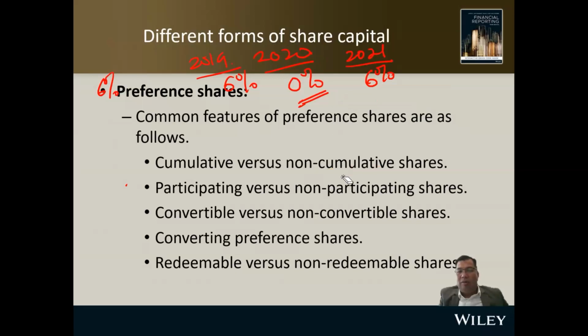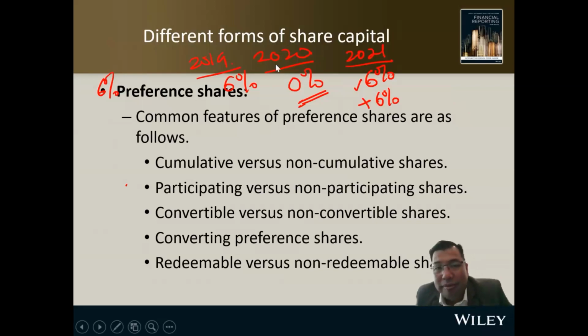That is non-cumulative. For cumulative, you pay the 6% for the current year plus the 6% previous unpaid preference dividend. That is the difference. You can read in detail about the differences between these types of preference dividend in your textbook.